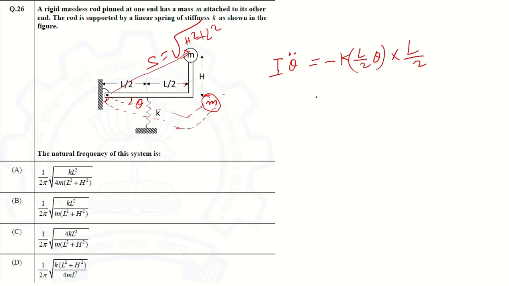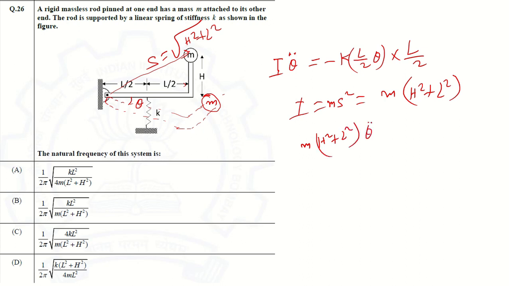Now we have the formula I is equal to m s square, which is m times h square plus l square. S is this one. So we can write m h square plus l square of theta double dot is equal to minus k by 4 l square theta, right?